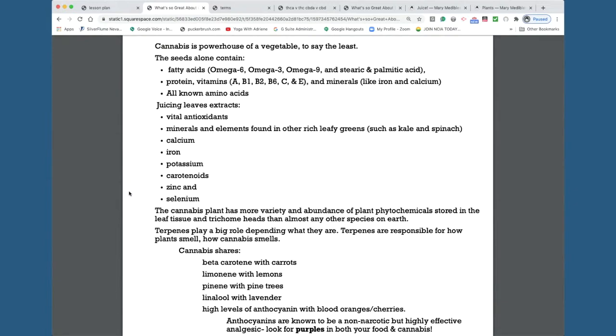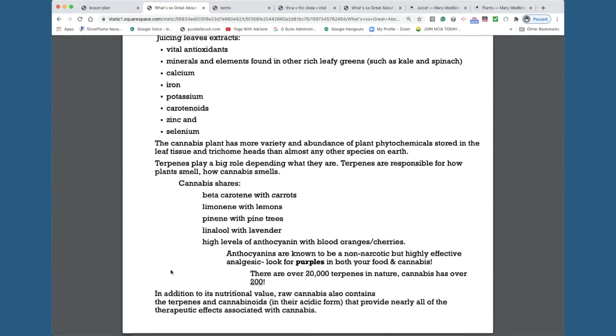And terpenes play a big role depending what they are. Terpenes are responsible, like I said, for how plants smell and how cannabis smells. It's such a strong smelling plant, and it's because there are so many terpenes in there. And cannabis shares beta carotene with carrots, limonene with lemons, pinene with pine trees, linalool with lavender, and high levels of anthocyanin with blood oranges and cherries.